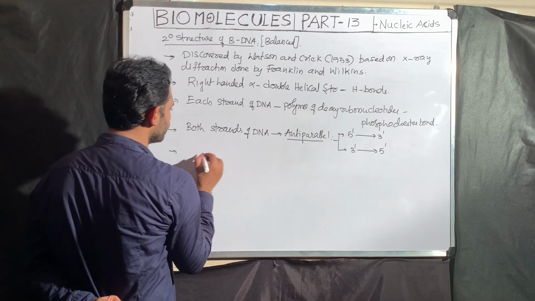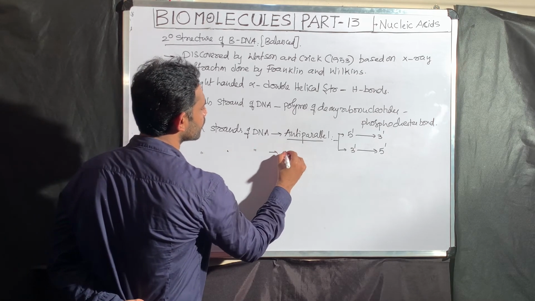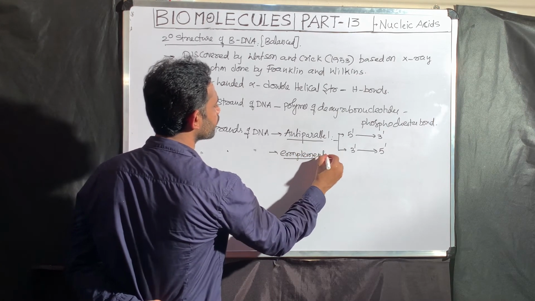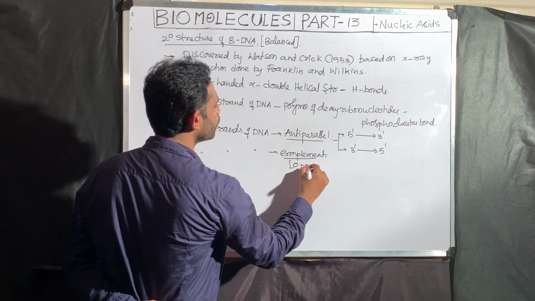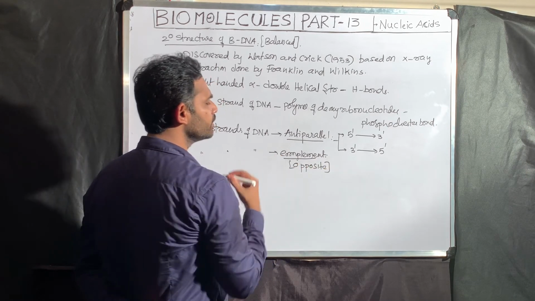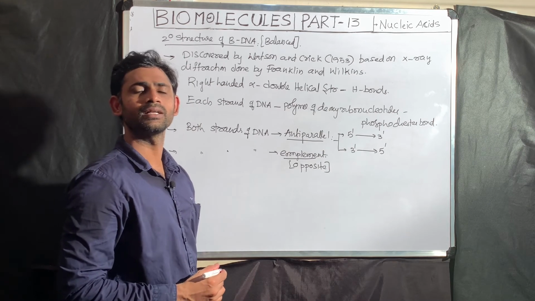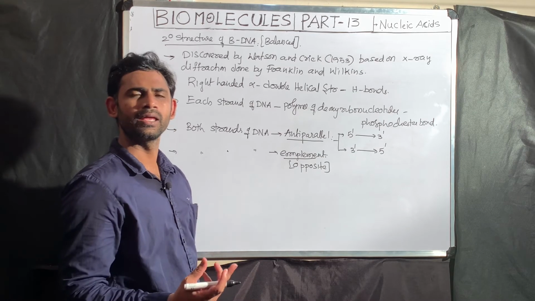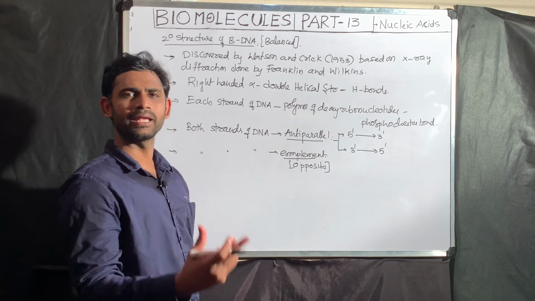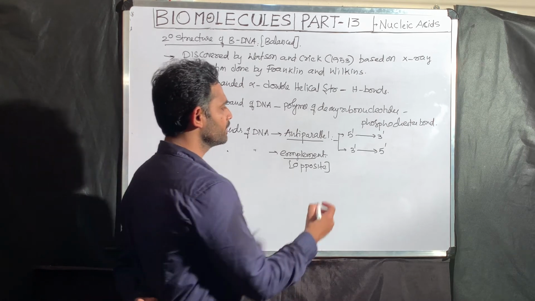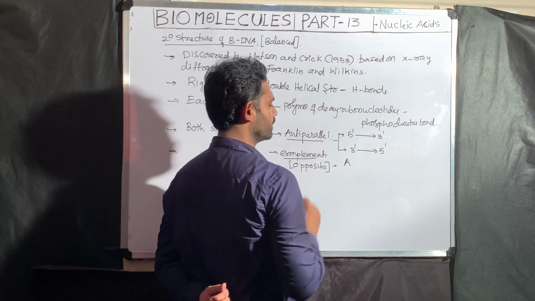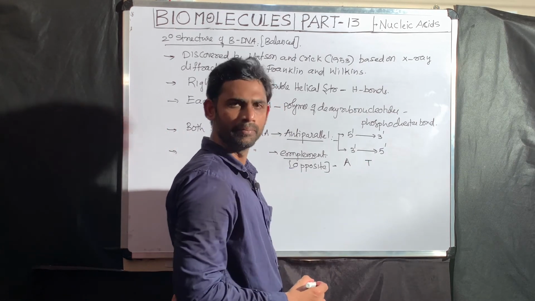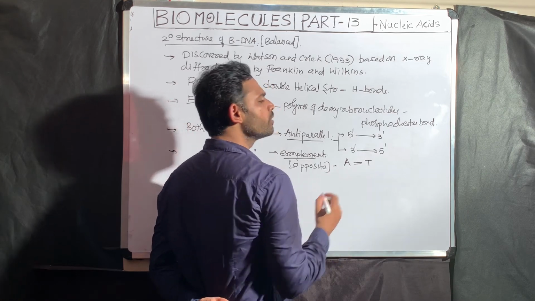The next point, both strands of DNA are complementary with each other. What is the meaning of complement? Here it means opposite with each other. How do the DNA strands become opposite? That complementarity is contributed by the specific nitrogen base pairing. If one strand contains adenine, the other strand should contain thymine, linked by two hydrogen bonds.